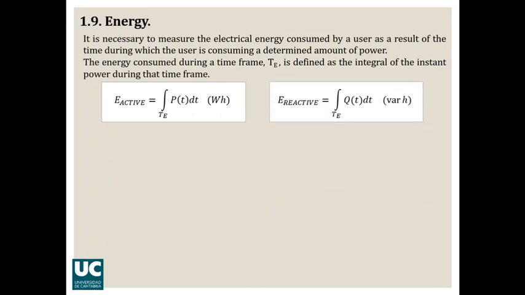So here you have the expression for the active and the reactive power. And pay attention that the units are also different. The active energy would be expressed in watt-hours, while the reactive energy will be expressed in volt-ampere reactive hours.